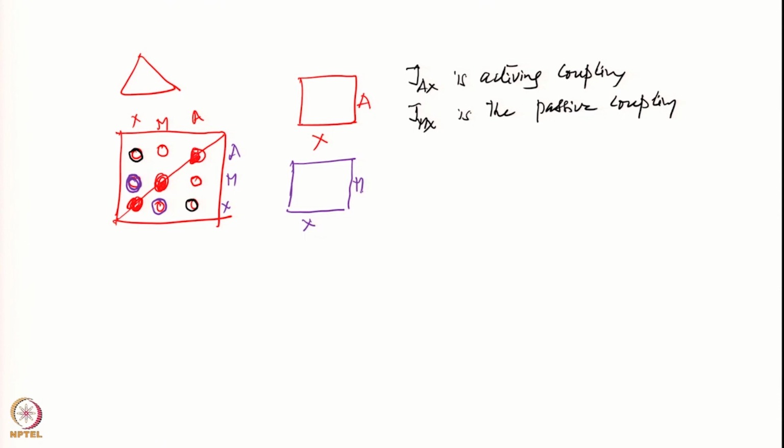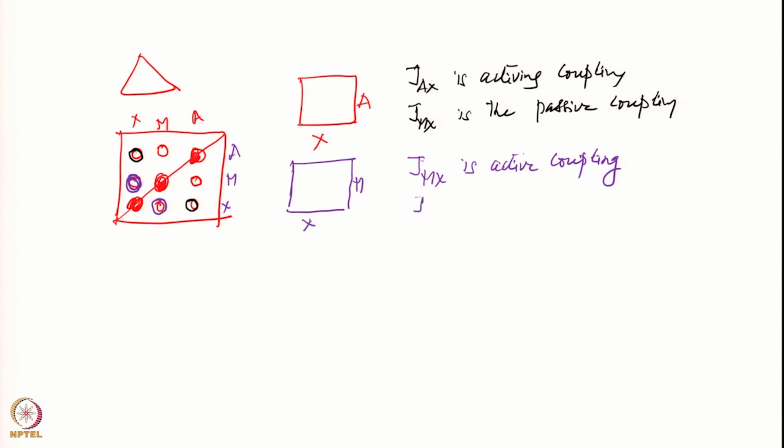If I take M here and X here, then which is the active coupling? J_MX is the active coupling, and what is the other coupling it has? Along this side I have the MX coupling and AX coupling.